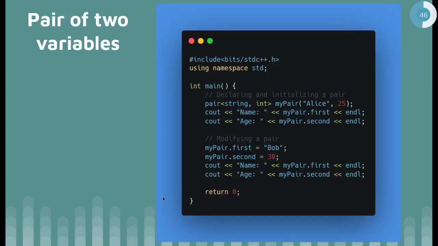And why pairs are important? For example, maybe you have some pairs. For example, you have the name and the age, and you want to sort this data by age. So you can make the first variable of the pair equal to age, and the second one equal to the name of, I don't know, students or anybody.